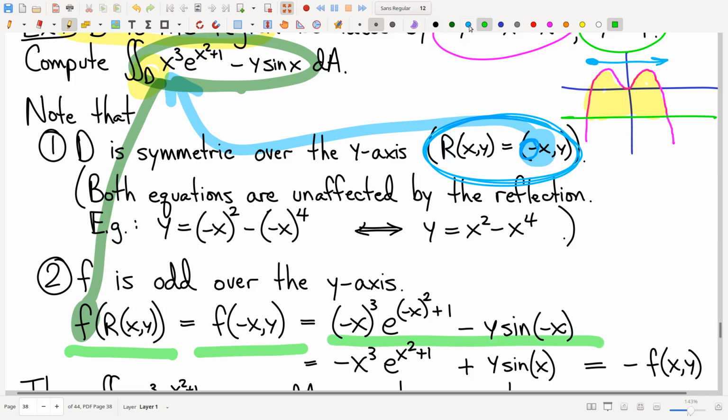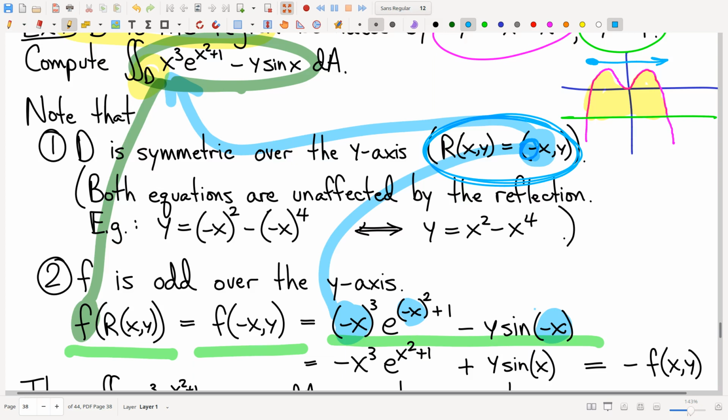So you can see the minus x here and there and there. And now it's just algebra, and you just have to remember how the various little bits work. This minus sign gets cubed. Cool. Minus sign comes out. This minus sign gets squared. It disappears. This minus sign is inside of the argument of the sine function, and now you have to remember, right, this is one of the symmetries of the sine function.